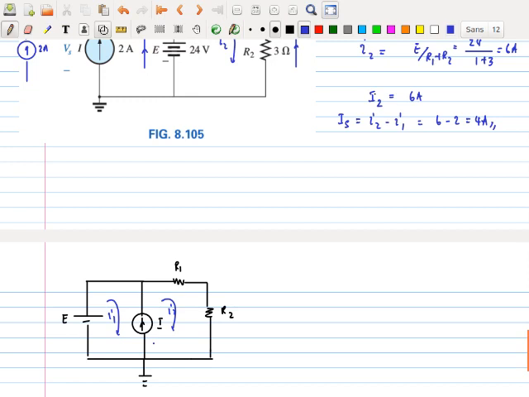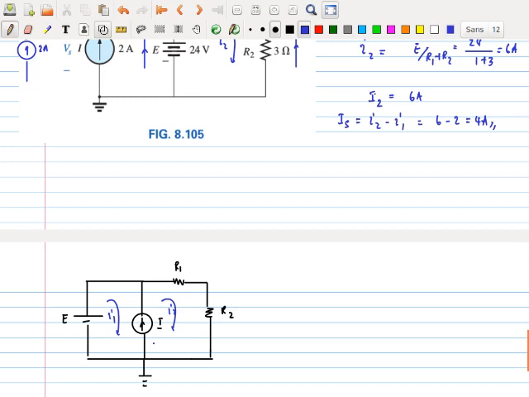Here, it is in the common branch. The moment you have it in the common branch, that is when you have the super mesh, and you drop that part of the circuitry, and for the part that you drop, you apply the Kirchhoff current law. Because in mesh analysis, you apply the Kirchhoff voltage law. For the dropped part, you apply the Kirchhoff current law.